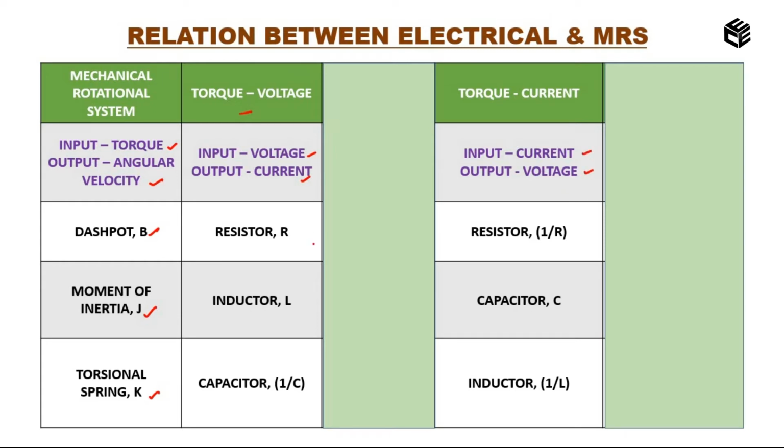For the replacements, for dashpot we use resistor, for moment of inertia we use inductor, and for torsional spring we use capacitor. Similarly for torque current, the resistor is the same, but for moment of inertia we use capacitor, and for torsional spring we use inductor. All the other things are the same.